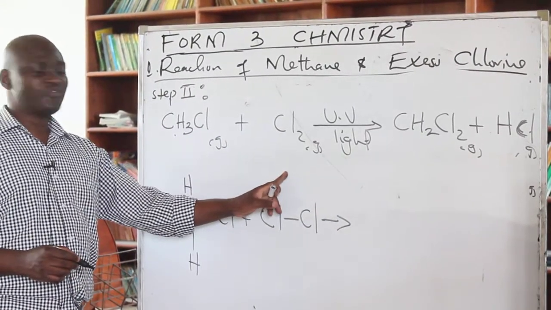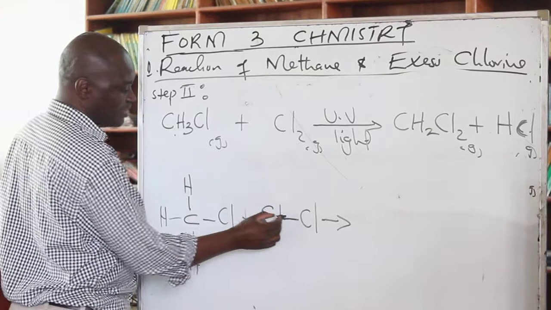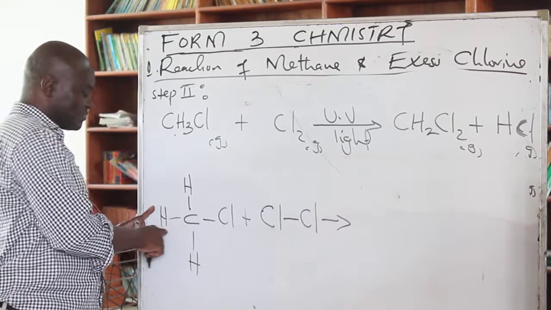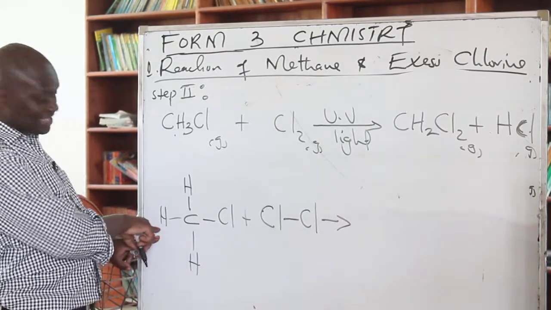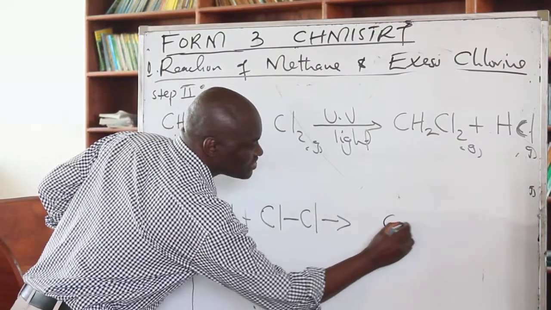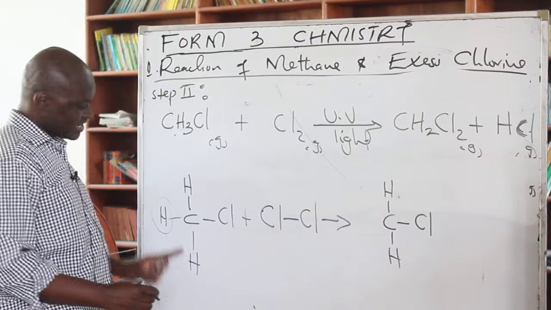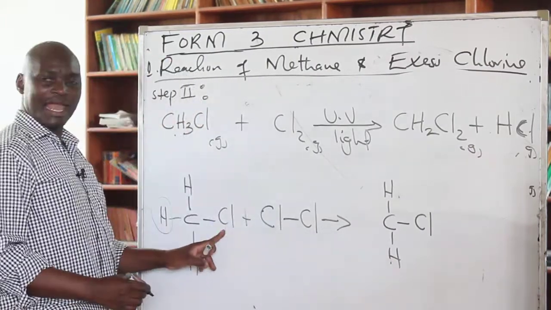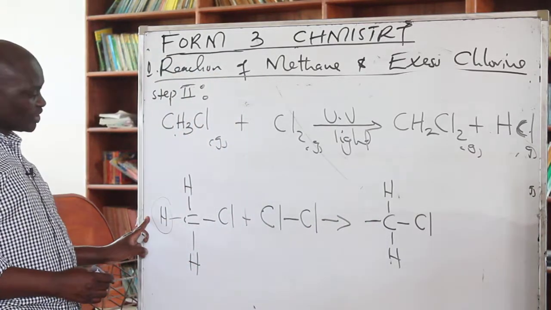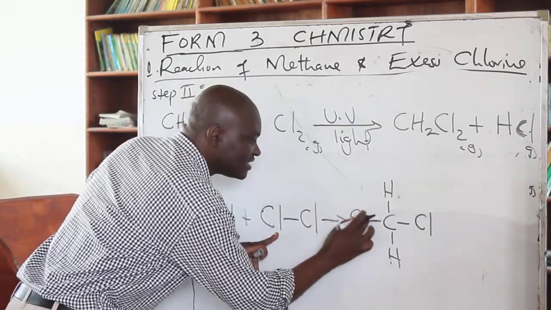The sunlight or UV light will break the chlorine-chlorine covalent bond, and then one chlorine will come and replace one hydrogen. So let us replace this hydrogen here. So we'll have this Cl, H, H, Cl, Cl, and then here, this hydrogen will be replaced by one chlorine.